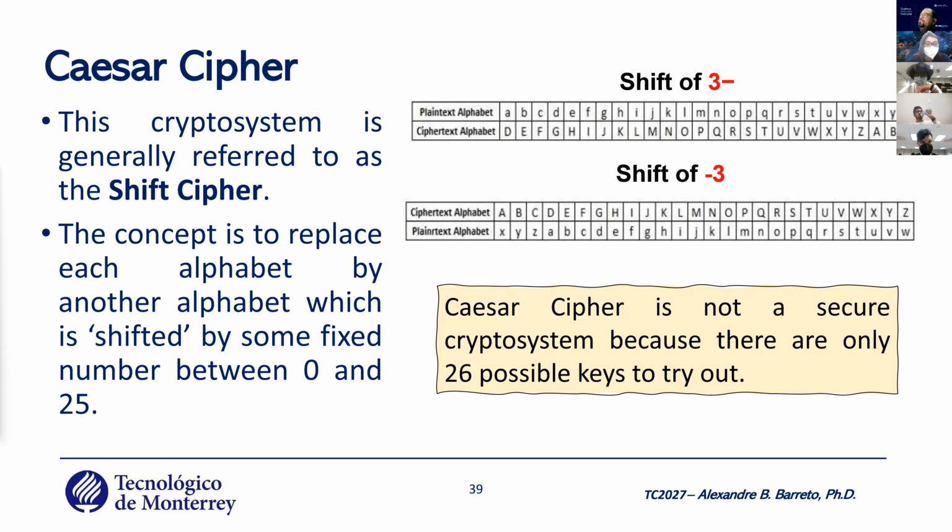Why? Because you use only one key, the same key, to cipher and decipher. And the model is very, very simple.